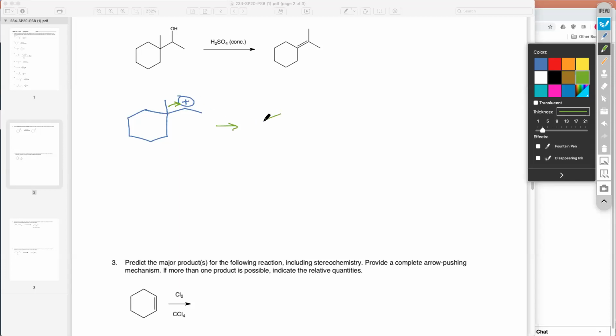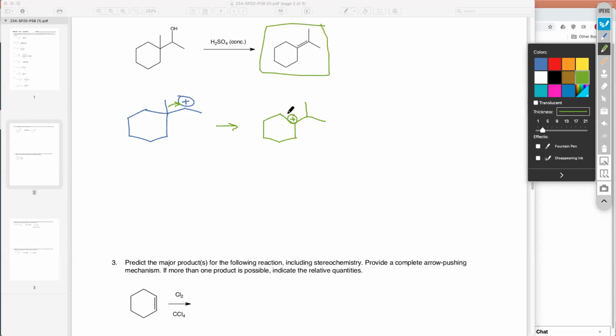And so what you wind up with is this here with the positive charge now on this carbon. And so then this is why this winds up being the major product.